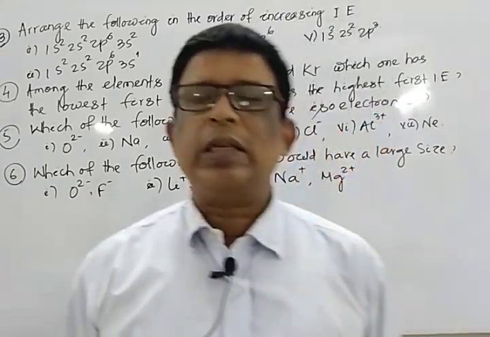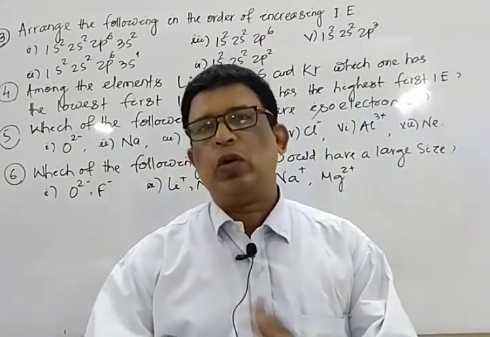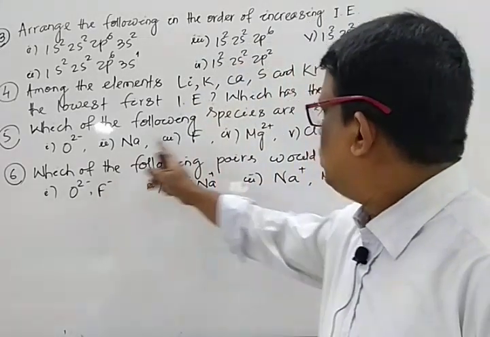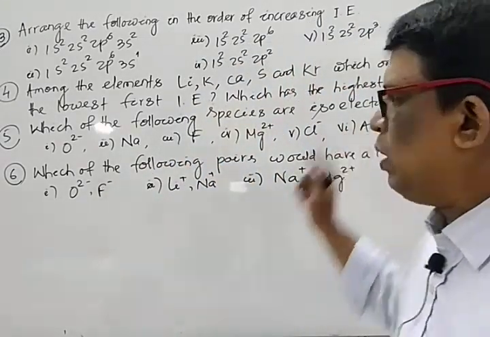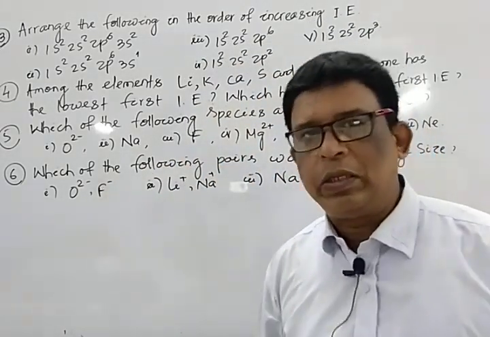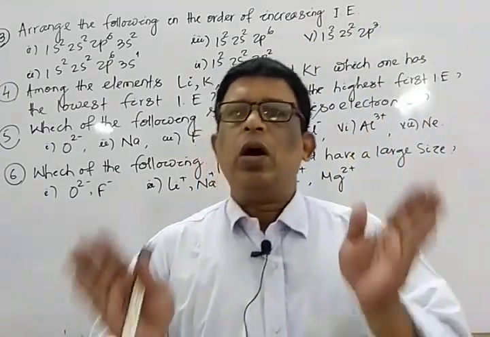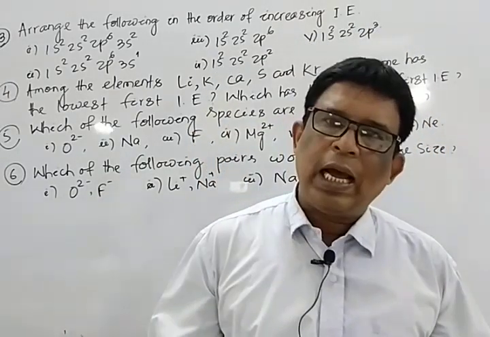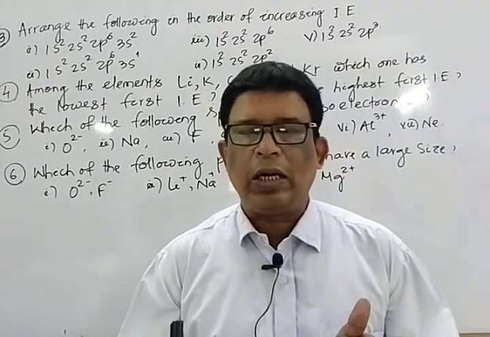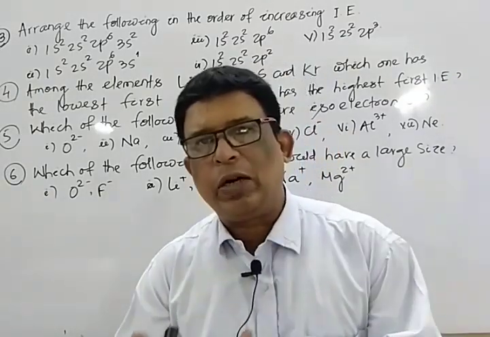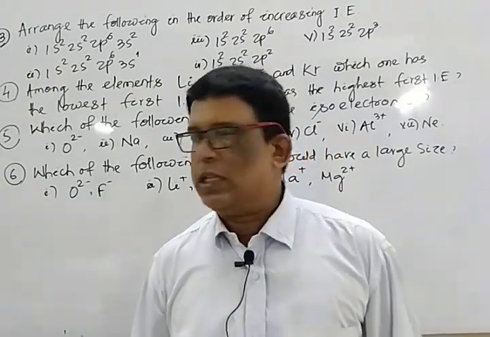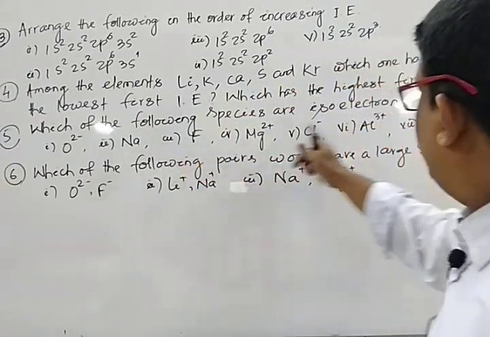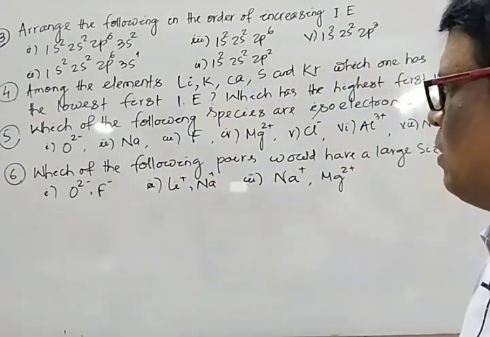Which one is larger in case of atomic or ionic size? Next one, which of the following species are isoelectronic species? Already discussed. That is atom or ion, it may be cation or anion or a neutral atom having the same number of electrons, known as isoelectronic species. So identify which of the following are isoelectronic species.